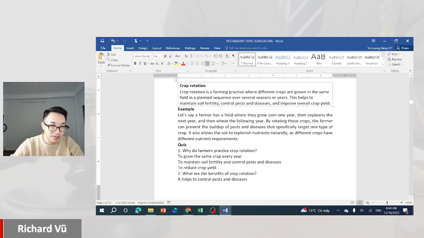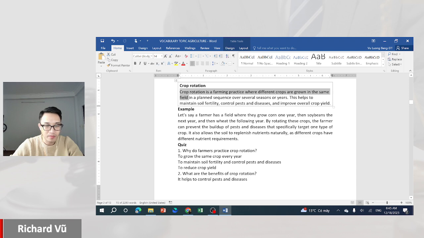So that is crop rotation. Keep in mind, crop rotation is a farming practice where different crops are grown in the same field. Keep in mind this sentence. It's easy to understand.